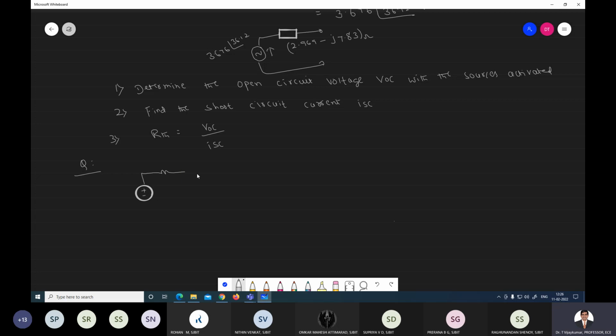This is the circuit node of resistance, and here it is minus plus, and this is 2I, and here there will be a resistance, and here also resistance, and this is A, and this is your B. This is your 20 volt, and this is 6 ohm, and this is 10 ohm, and this is 6 ohm, and this is your I. Here it is given as I.